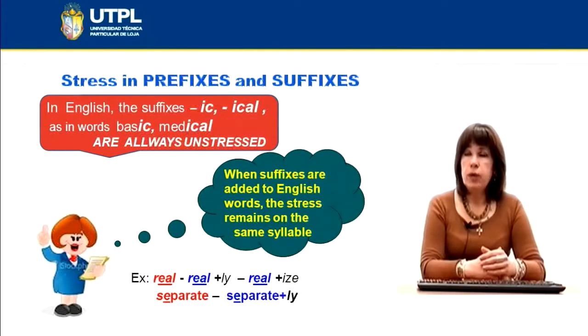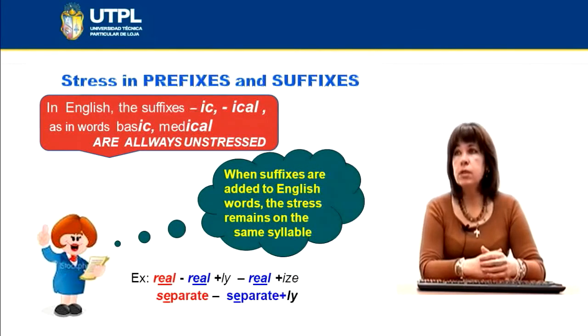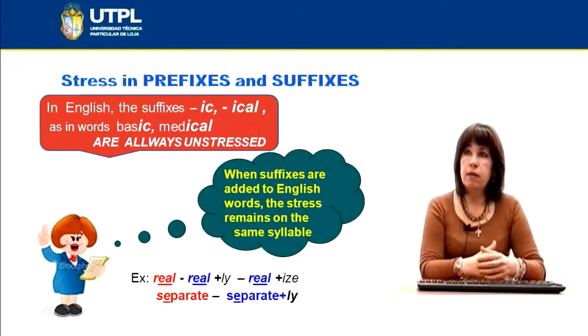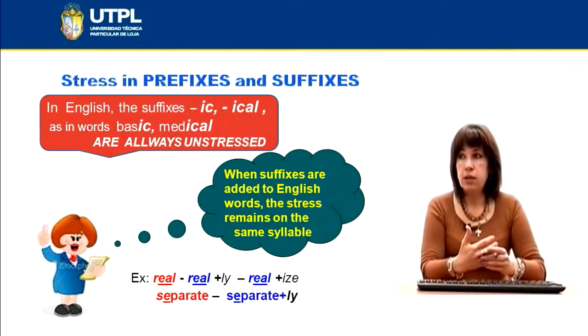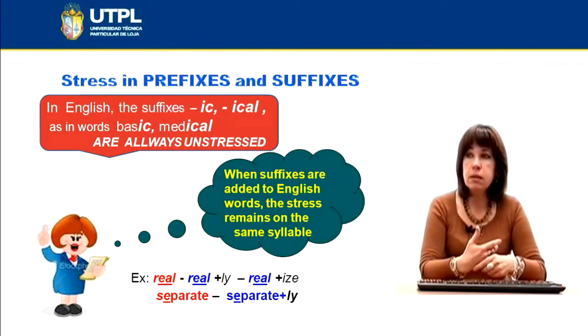And when we have to use words with prefixes and suffixes, we can also follow some rules, some patterns. You see that in English the suffixes ic and ical, in words like basic, medical, are always unstressed. You have to remember that these suffixes are unstressed. And when suffixes are added to English words, the stress usually remains on the same syllable, like real, really.